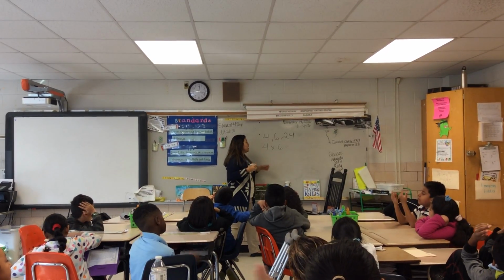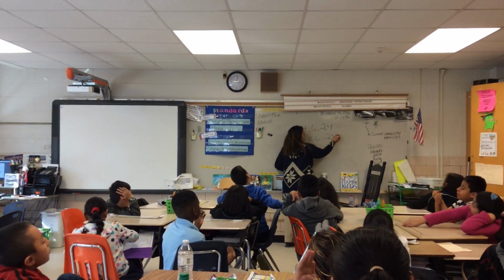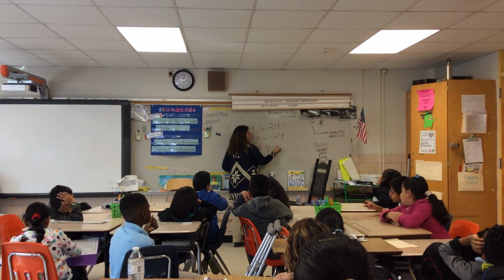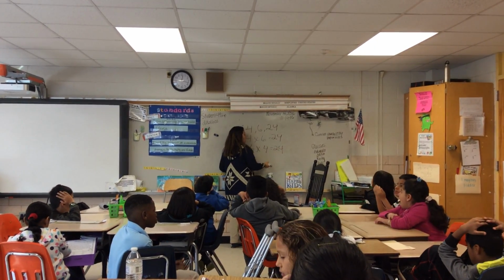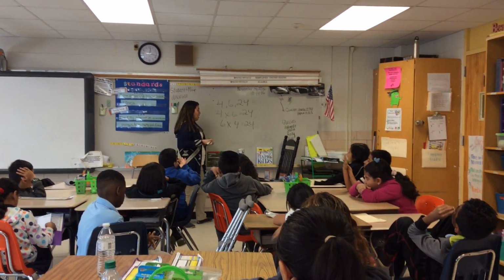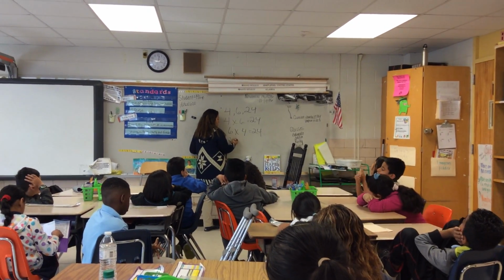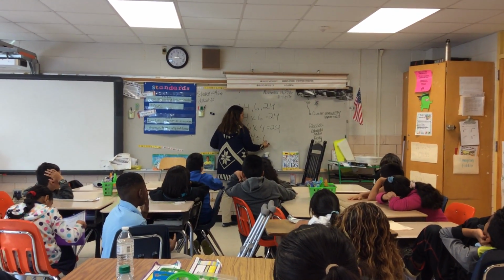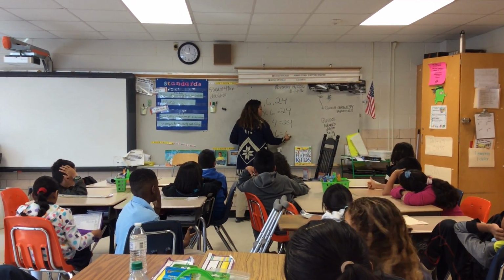Okay? So 4 times 6 gives me what? 24. The commutative property here, 6 times 4 gives me 24. Okay. Now, I need to divide these numbers. Okay? 24 divided by 6 gives me 4.